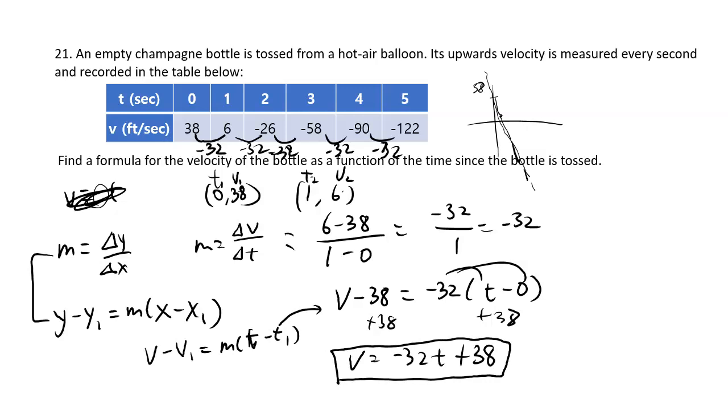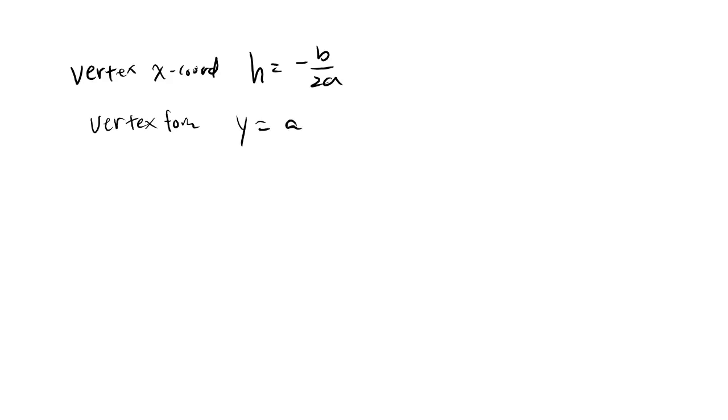Now before we finish, let me just write down some formulas that you absolutely have to remember. So the vertex x coordinate is h equals negative b over 2a, right? And vertex form is y equals a times x minus h squared plus k.